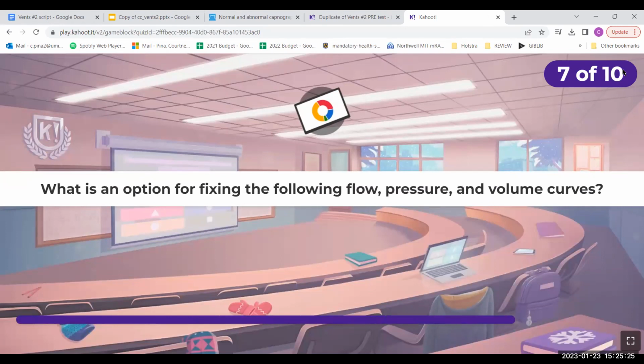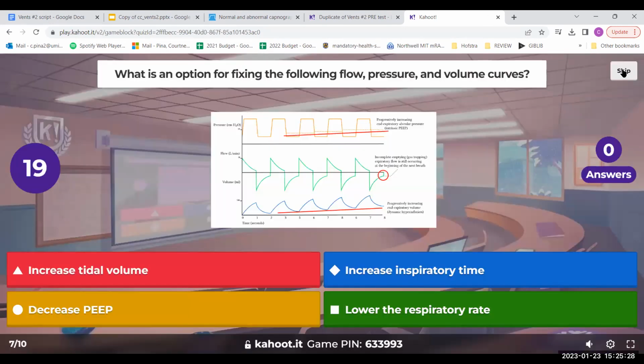And then what is the option for fixing the following flow, pressure, and volume curves?